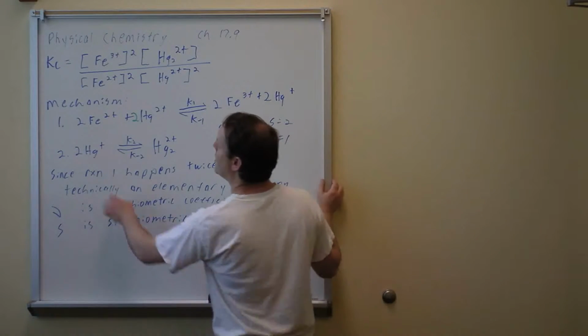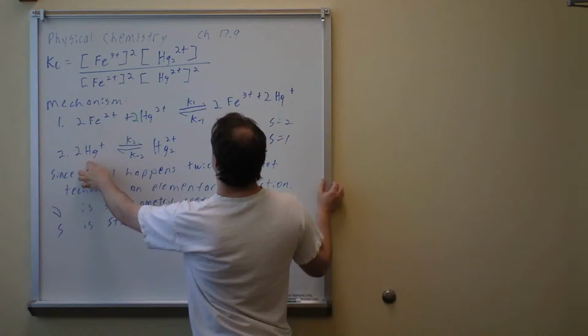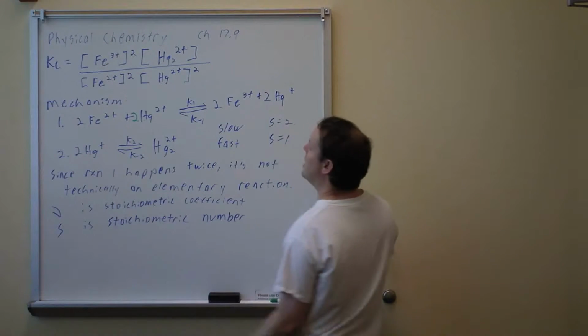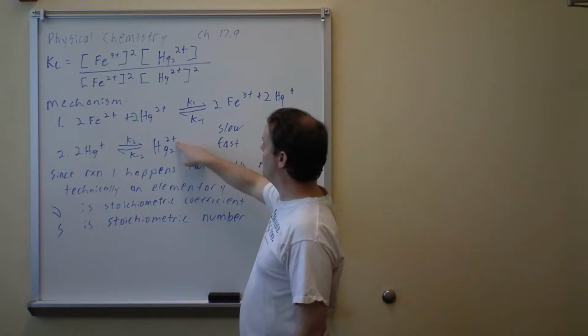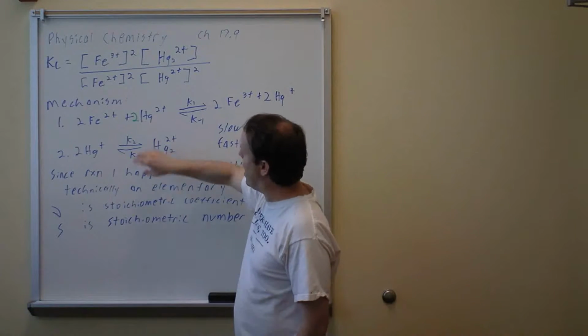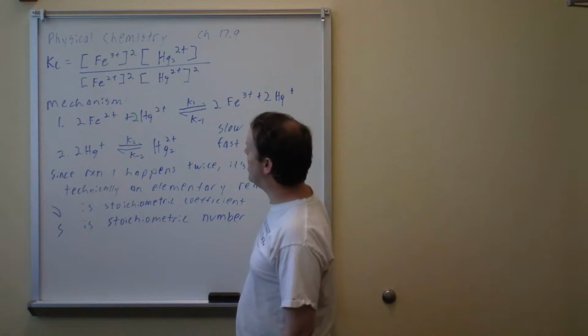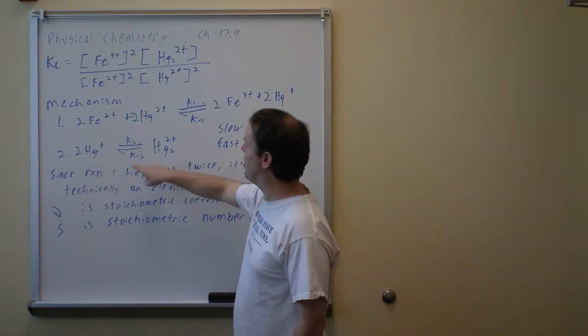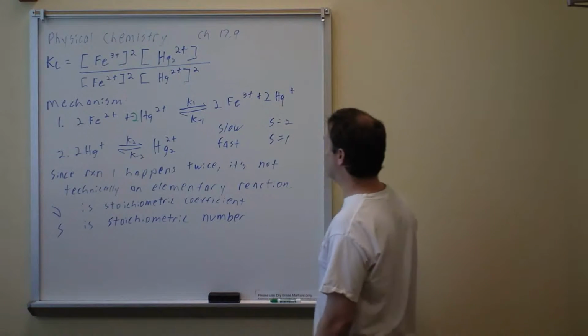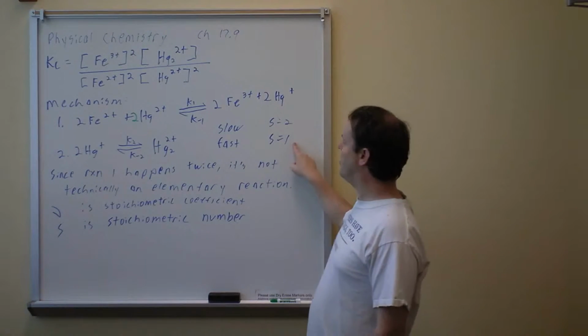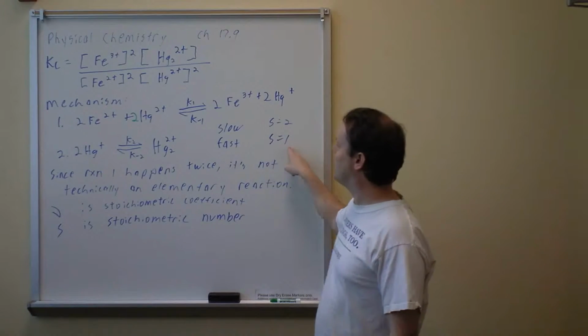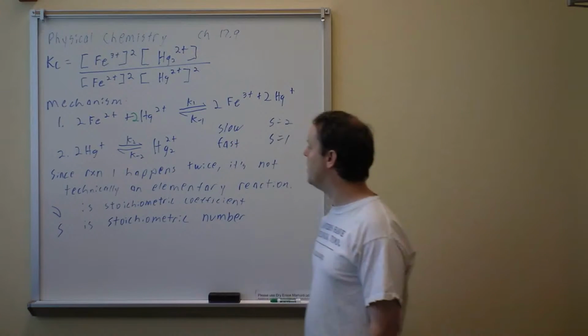And then the second step, we're going to take 2 Hg+ in equilibrium with Hg2 2+. So again, we're going to have rate constants for this elementary reaction, just k2 for the forward and then k minus 2 for the reverse. And of course, the stoichiometric number for this equation is just 1.